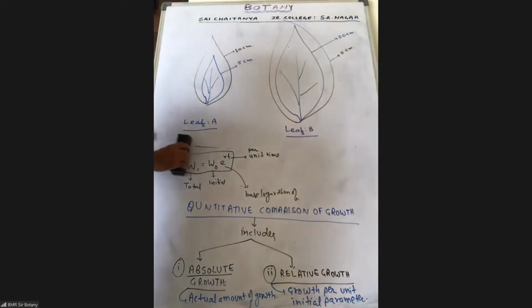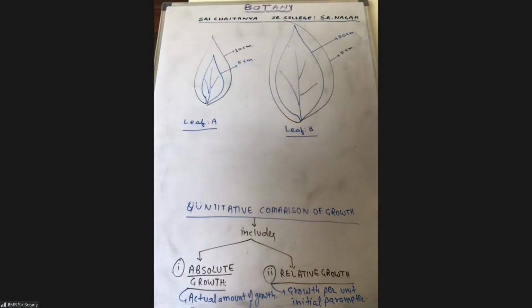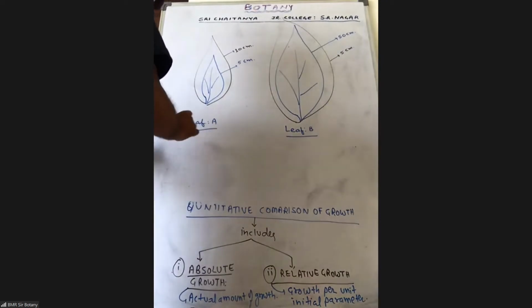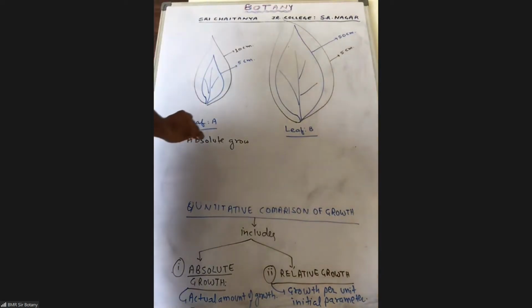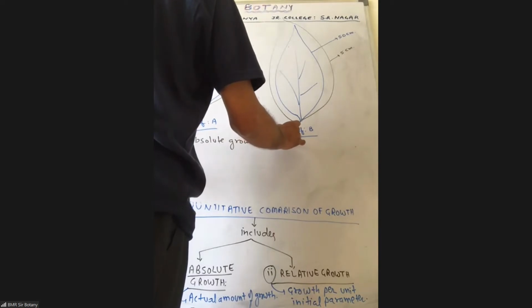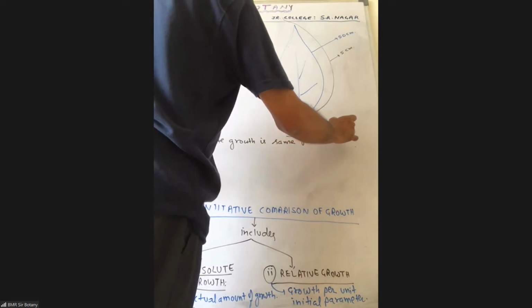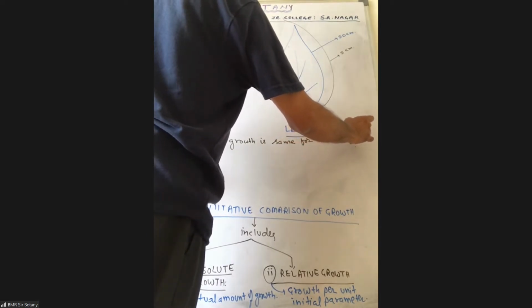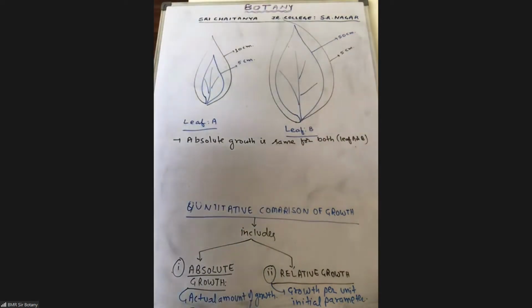Now, tell me, which leaf has more absolute growth? Absolute growth is the same for both. Actual growth here is 5 centimeters, there also a 5 centimeters increase. Okay, Nana?